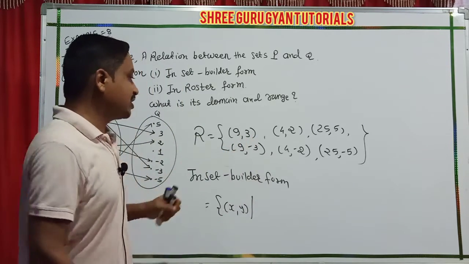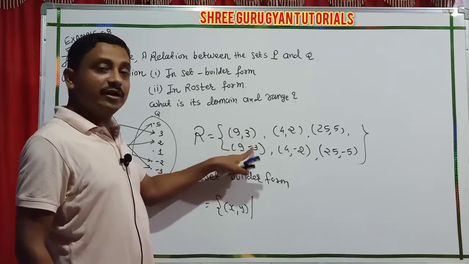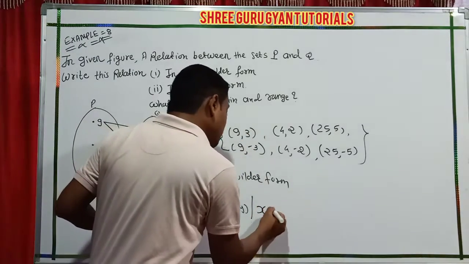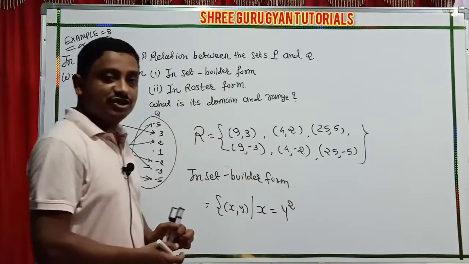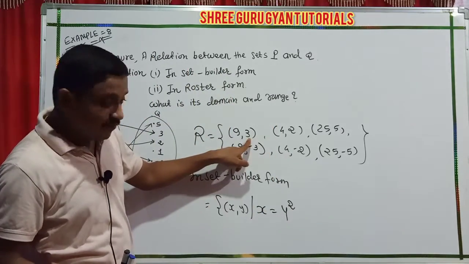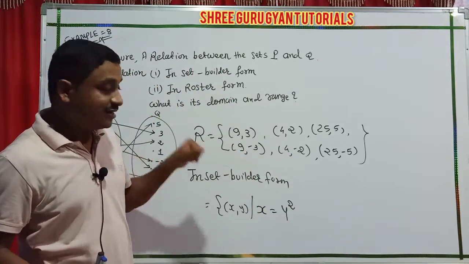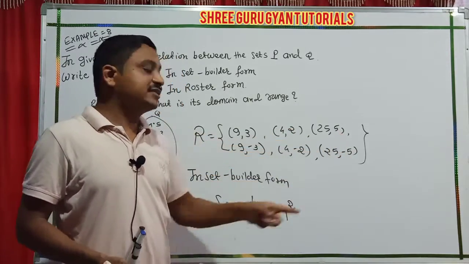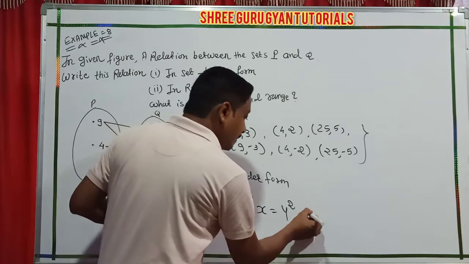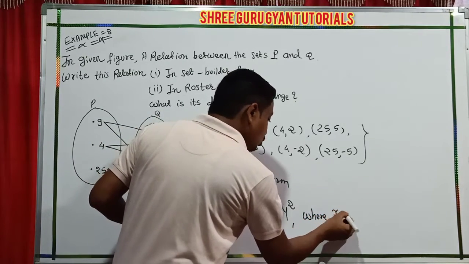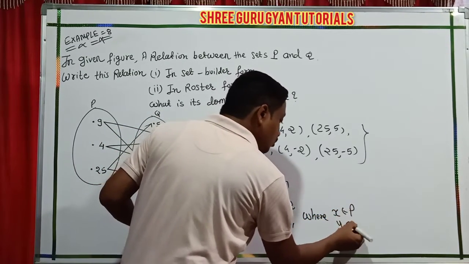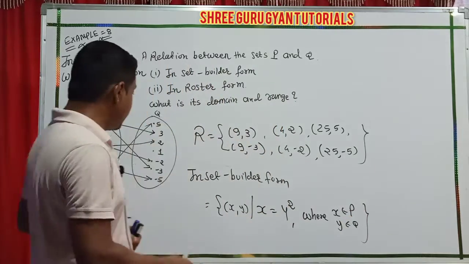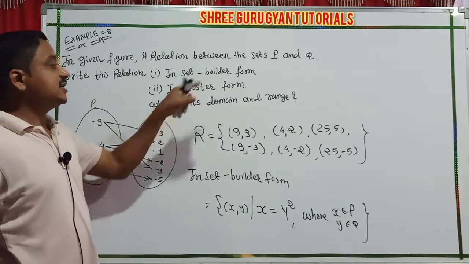It means actually here x is equal to y square. Check: y is 3 or minus 3, the answer is 9. Same as 2 or minus 2, the answer is 4. And here 5 or minus 5, the answer is 25, where x belongs to set P and y belongs to Q. Those are the values for our set builder form.